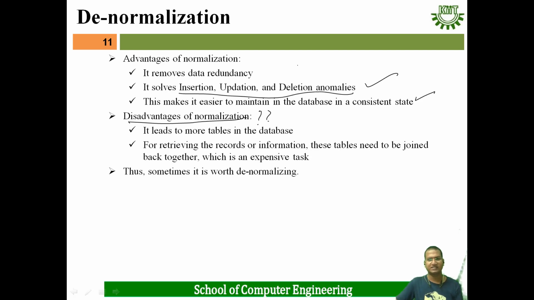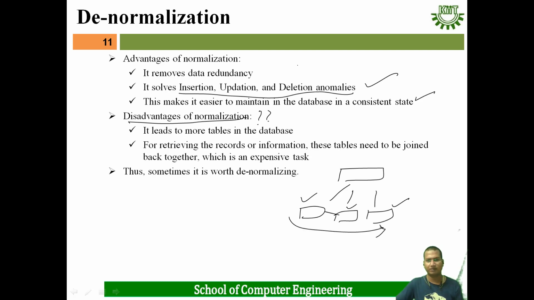Actually, the normalization process is dealing with breaking of the original relation into multiple relations. And when we break the original relation into multiple relations, some problem arises. It leads to more tables in a database, and when more number of tables are involved in a database, what happens? For retrieving the records or information, these tables need to be joined back together, which is an expensive task.